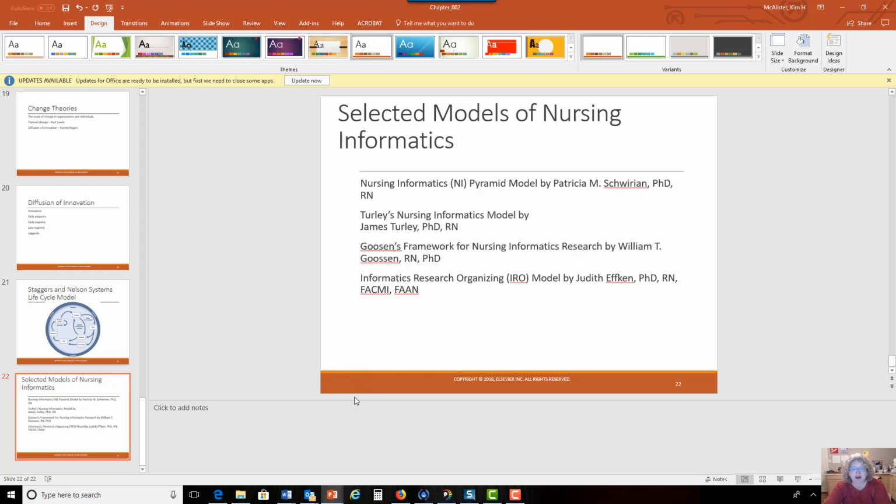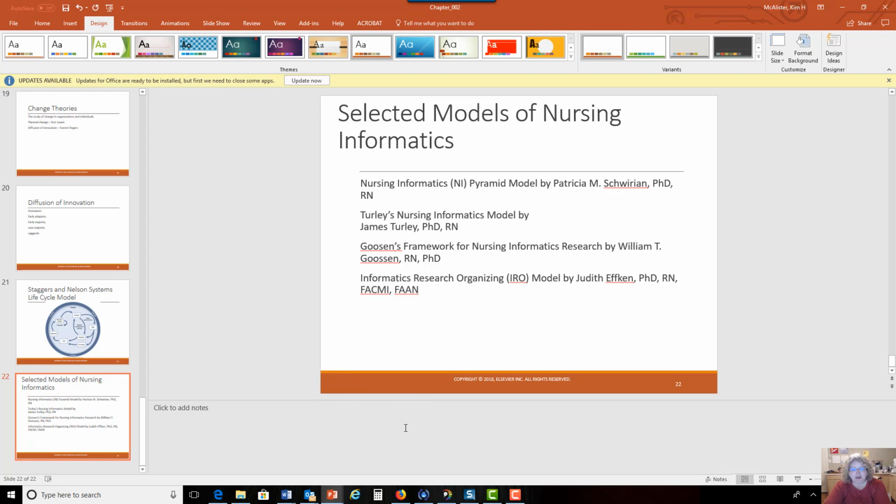We have Goodson's framework, which includes data, information, knowledge, decision, action, and evaluation. Each concept is a step up to the final concept, which is nursing management and processing to patient care. So we start out with data and then go all the way up to nursing care.